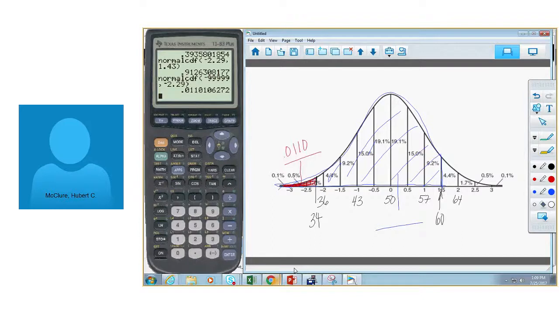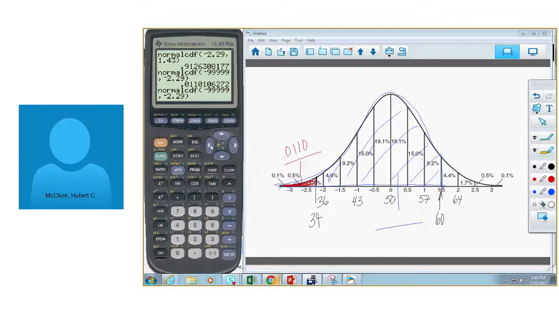And now you do the blue area, and the blue area is going to be second entry. Oops, sorry. Second entry. There we go. And I'm going to change that to negative 99999 to what?